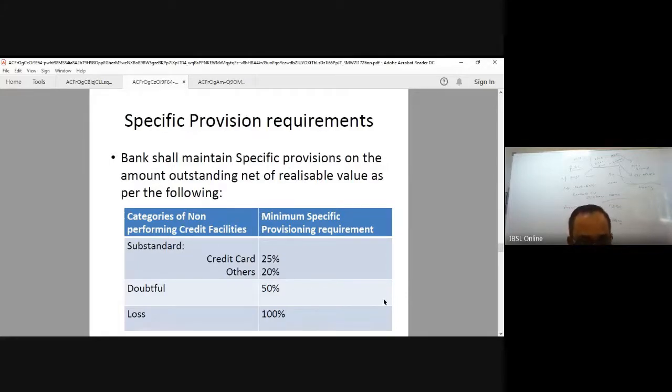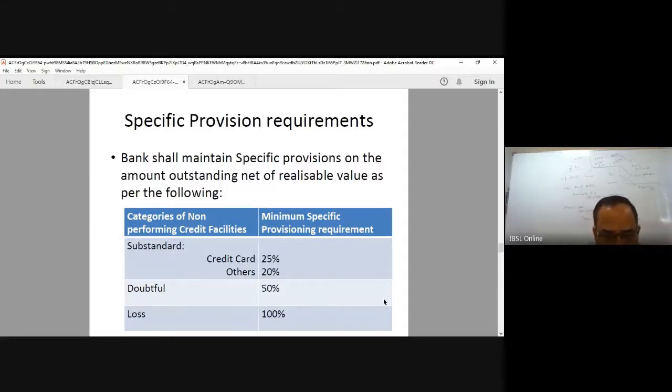Many banks will provide 100% provision for credit cards, as a prudential practice, thinking that these are risky products. But the central bank requirement is that 25% provision should be made for credit cards in the substandard section. We will come back to the haircut. Out of this 20%, how do you calculate this 20%? That we will come back to.